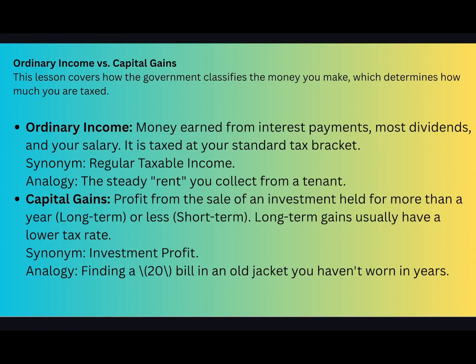Short-term capital gains are not part of a person's ordinary income, but they are added to ordinary income for determining the amount of income tax an investor must pay. So it's not added to your ordinary income, it just gets taxed like your ordinary income.